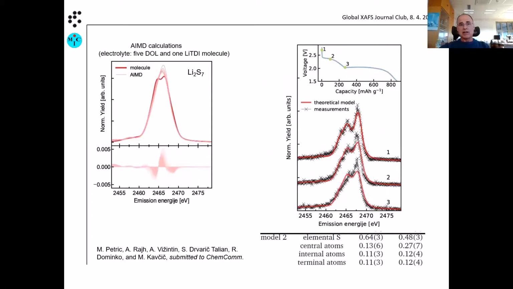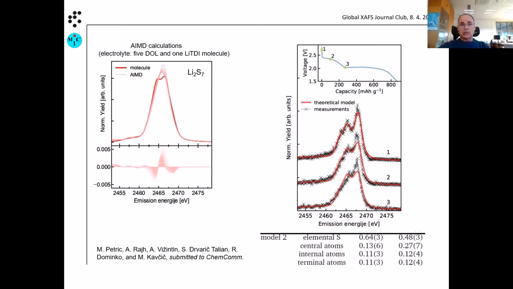The next step we have done, of course, was to use this with three cathodes from the previous study. We tried to quantify the spectra. So not just to determine the charge, we want to do something similar, because in absorption you do linear combination fitting and you determine the amount of each fraction.